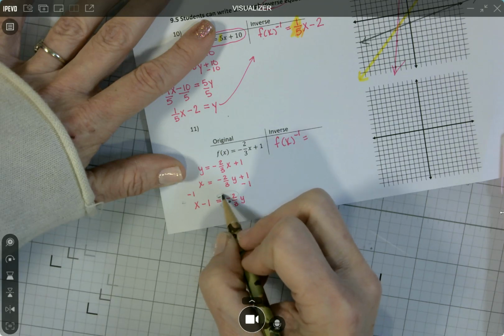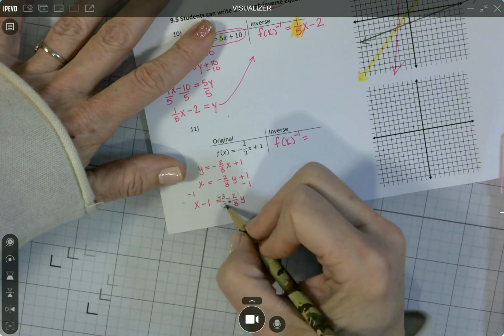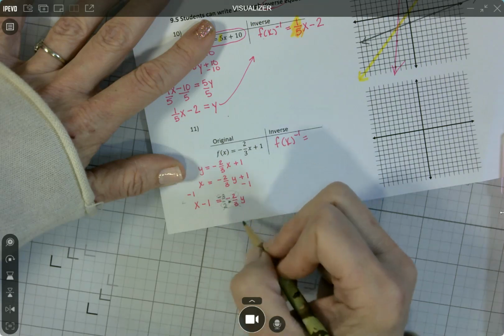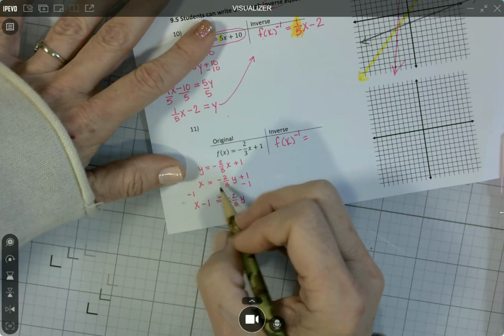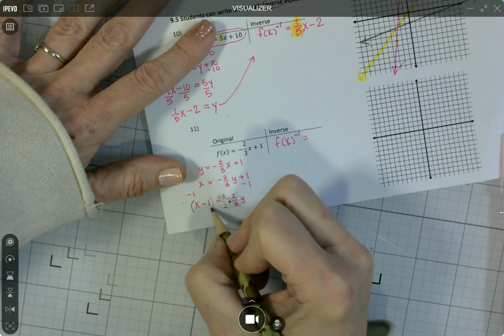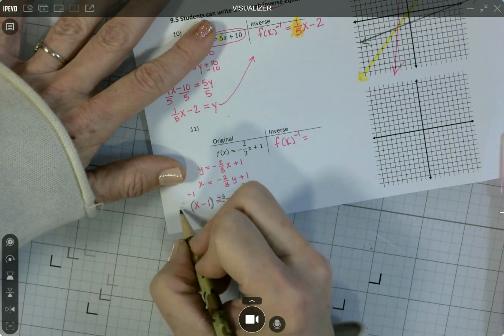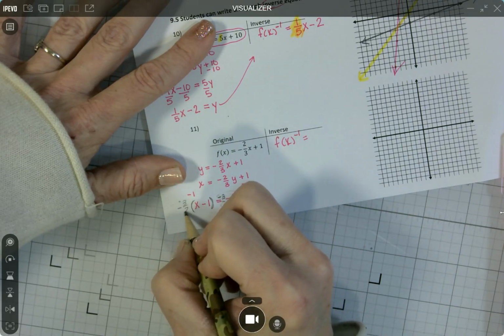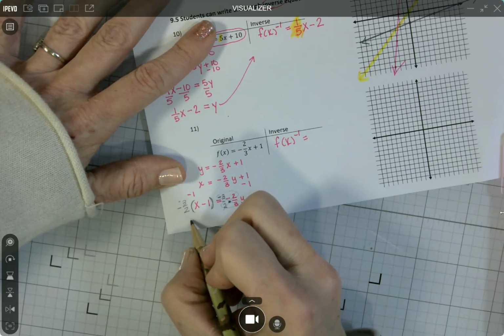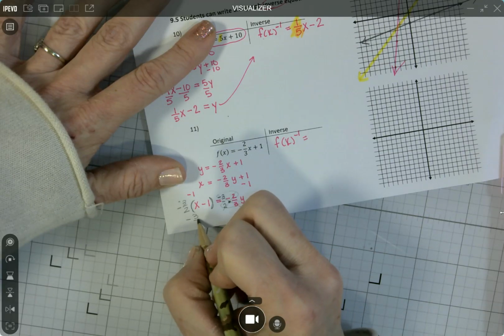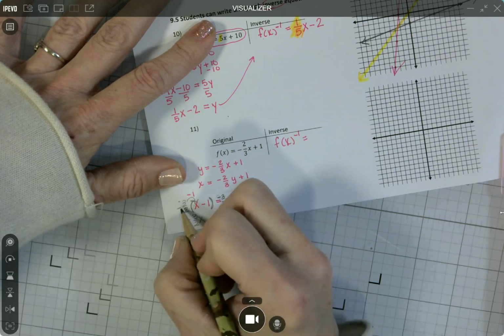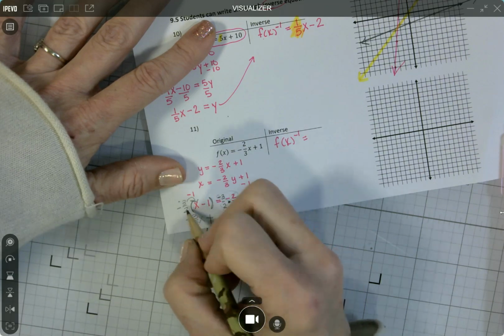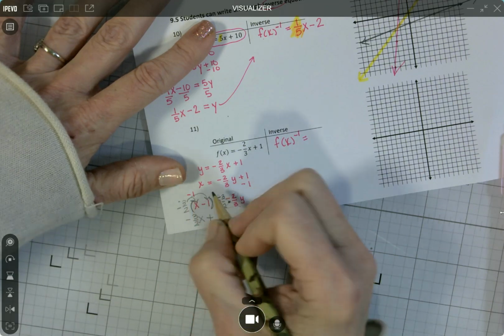6 divided by 6 over 6 is a 1. You can also think of it as these reduce. And if I multiply this side by -3 over 2, I have to multiply all of this by -3 over 2. So I'm going to get a -3 over 2x because I'm going to multiply this one. And then I'm going to get a positive 3 over 2 because I'm going to multiply that.